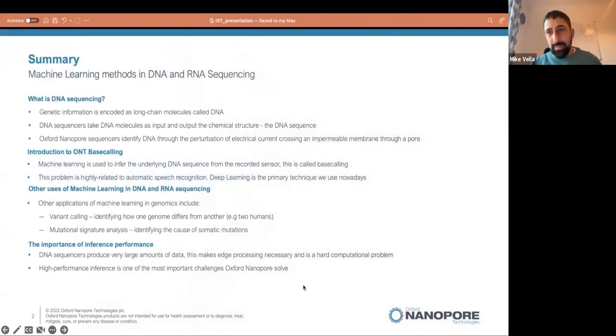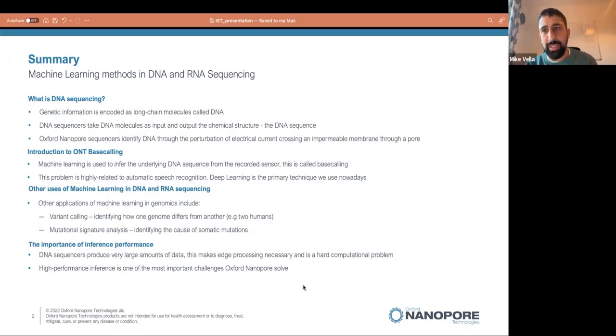So I'll start with giving an outline of my presentation, and pretty much the entire content of my presentation is on this slide. The rest is all filling in detail. Firstly, I'll be talking about what DNA sequencing is. I'm aware that this is not an audience of biologists, so I'll be going into more detail than I usually would about basics of biology and DNA sequencing. Then I'll talk about a technique called Oxford Nanopore Technologies base calling.